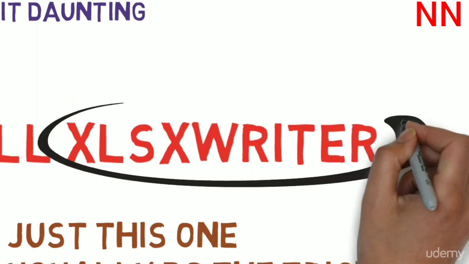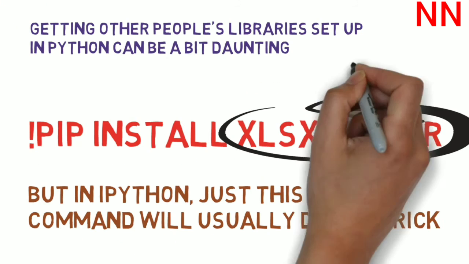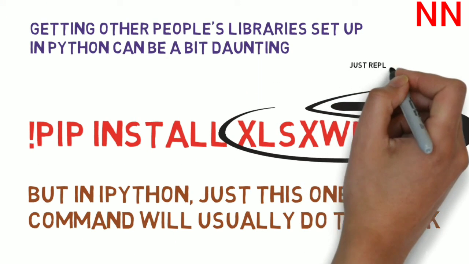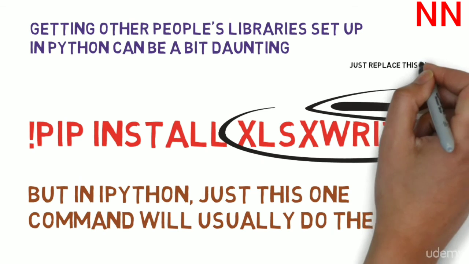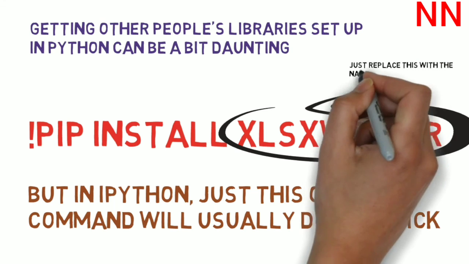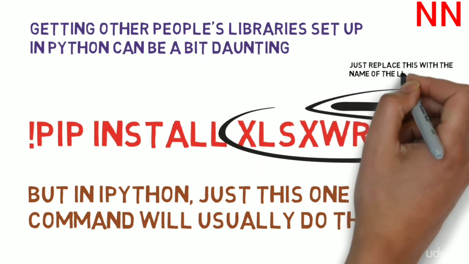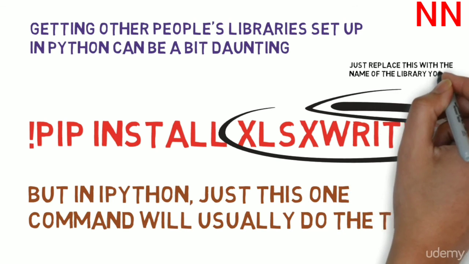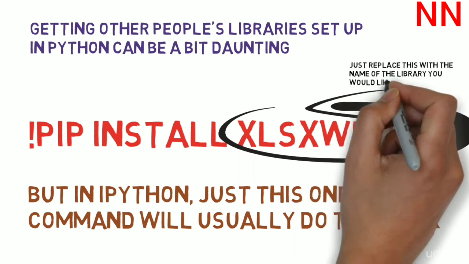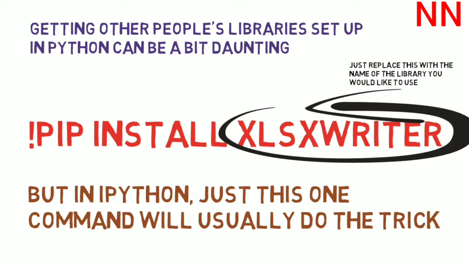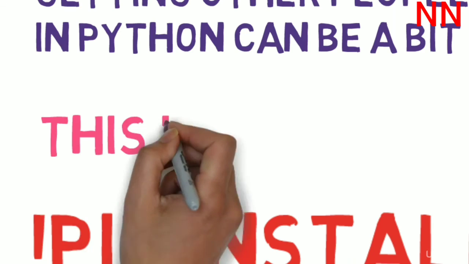Pip install can obviously be used to install any library. You just replace the xlsxwriter that you see on screen with the name of the library that you're interested in. We just saw a couple of minutes ago an example for the matplotlib library. Now this setup is one-off.